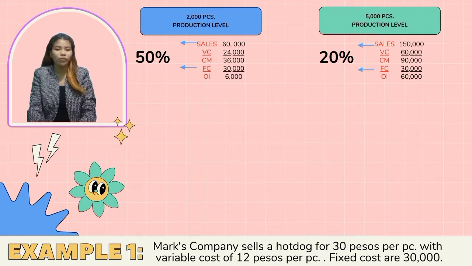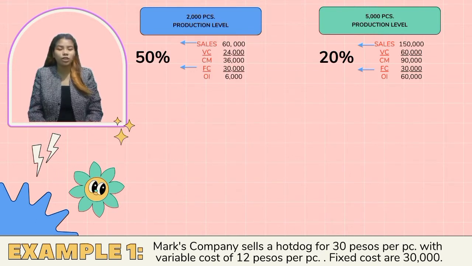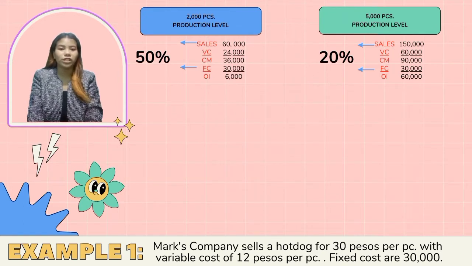Meanwhile, in this production level, we will see that the fixed costs are still 30,000, but the sales are 150,000. So 30,000 divided by 150,000 gives us 20%. So fixed costs are 20% of the sales. Observe that the higher the fixed cost relative to sales, the higher the degree of operating leverage. With a higher degree of operating leverage, the change in operating income is going to be more sensitive. It's going to change more in percentage when the sales change.